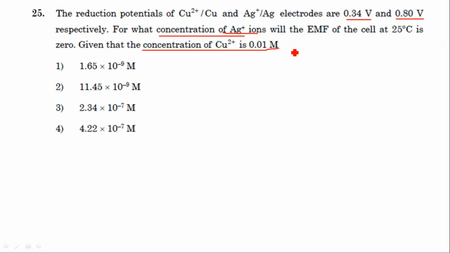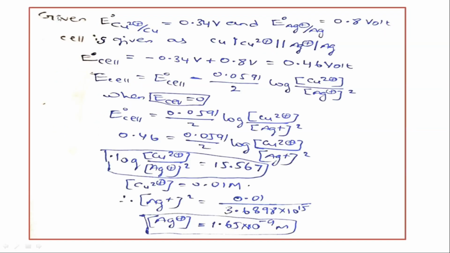Listen carefully. The copper electrode potential is given as 0.34 volt and the silver electrode reduction potential is 0.8 volt.